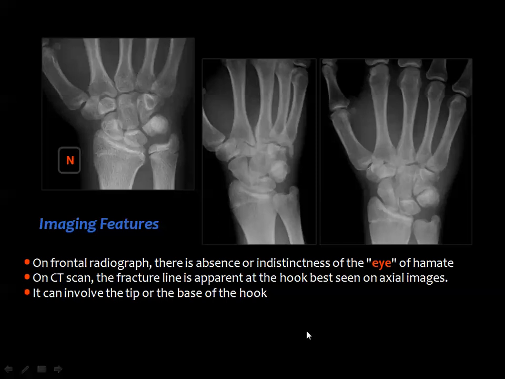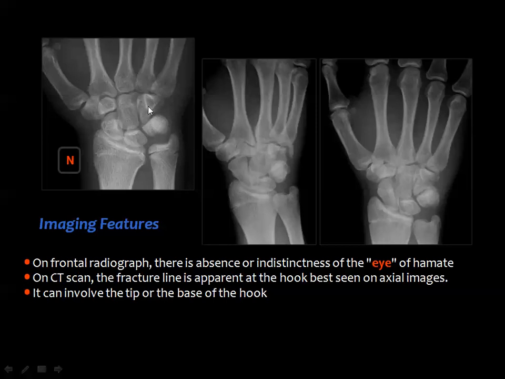Then one of the good landmarks for diagnosis of fractures of the hook of the hamate is loss of the eye of the hamate. If you look at the normal wrist bones, you see this is the hamate, and this is what is meant by the eye of the hamate.